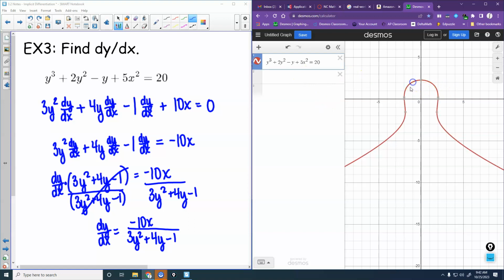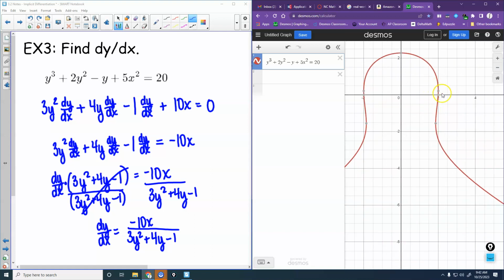So I'd love to pick a point exactly. Let's pick that point. 2.006 and 2.215. So 2. No, actually that's going to have a vertical tangent. Let's see what we got. I don't know if I can find the exact point.